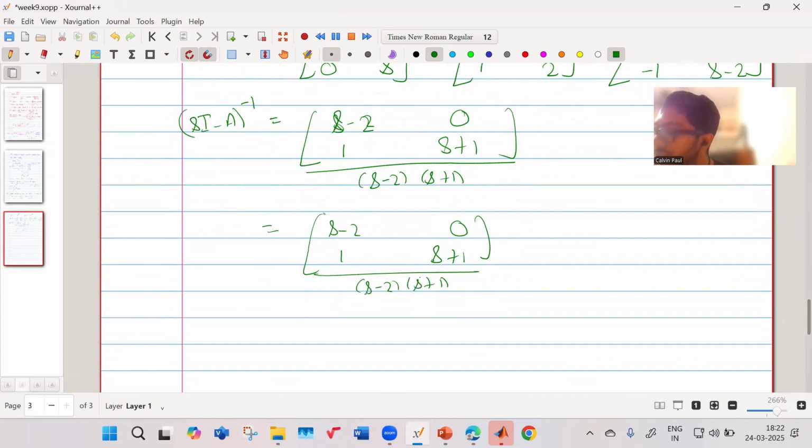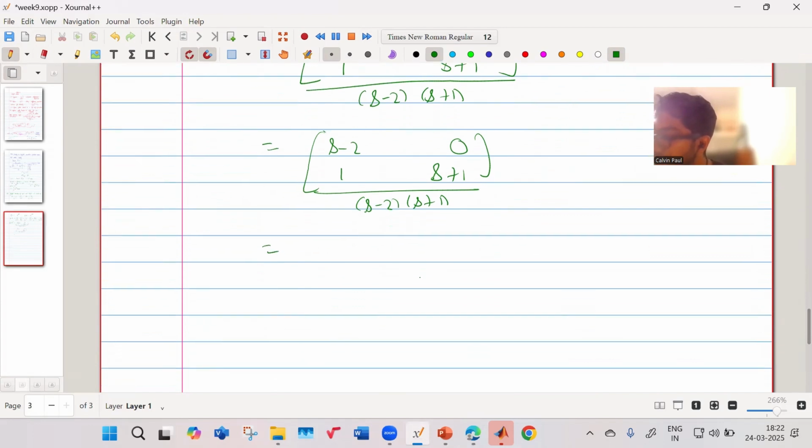So this becomes [s-2, 0; 1, s+1] divided by (s-2)(s+1). This is common, so we take it inside. My system becomes [1/(s+1), 0; 1/((s-2)(s+1)), 1/(s-2)].